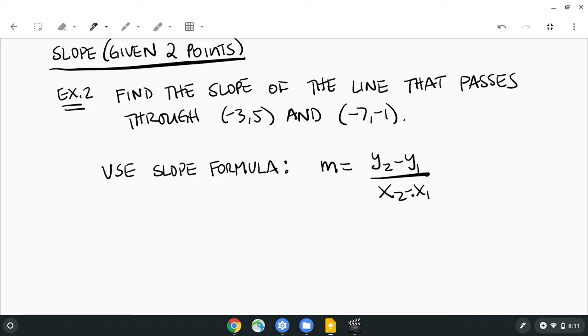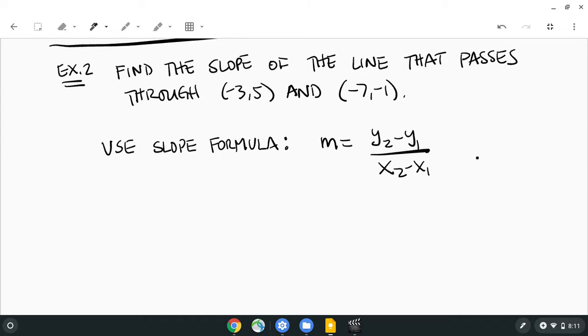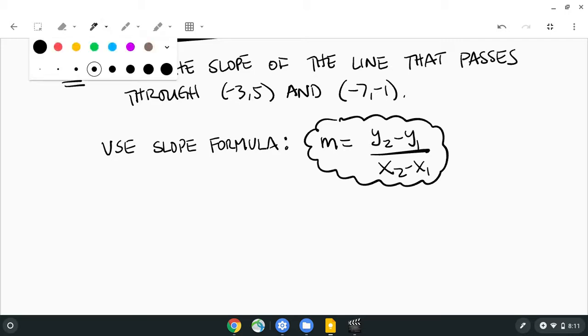Second x, first x. Same thing with the y's, since you have 2 of them. To distinguish between the 2, we call one of them the first y, and we call the other one the second y. Which one? It doesn't matter. But this is the formula you use. All right, so I am going to go ahead and label my points.